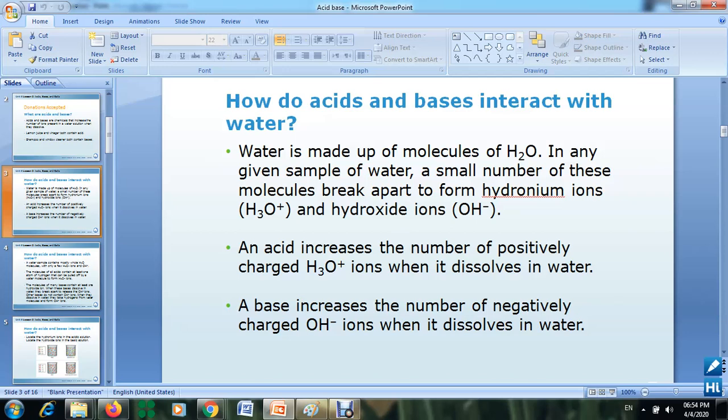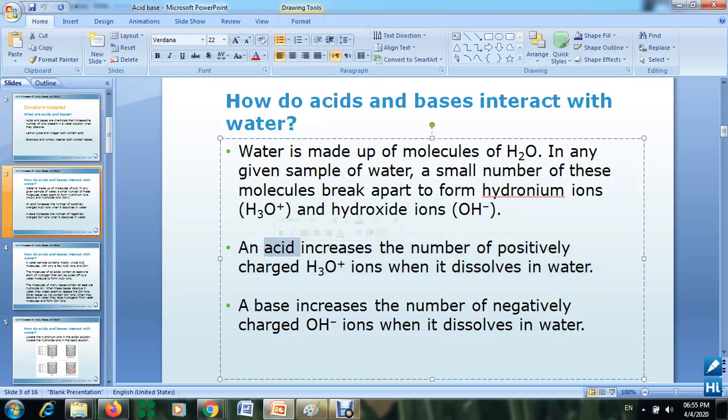Actually, an acid will increase the number of positively charged H3O plus ions. For all acids, how they interact with water, they will increase the number of hydronium ions when they dissolve in water. What about bases? It's the opposite.